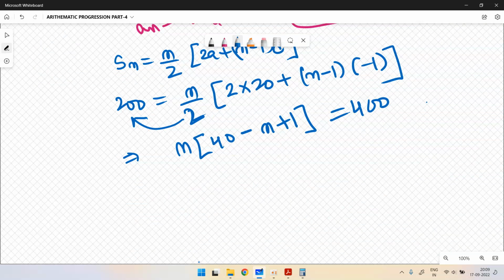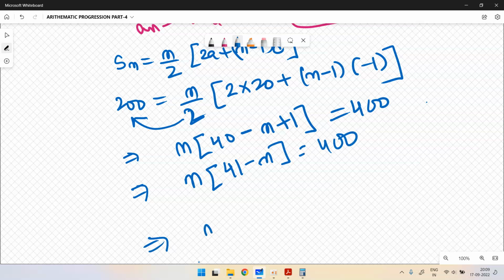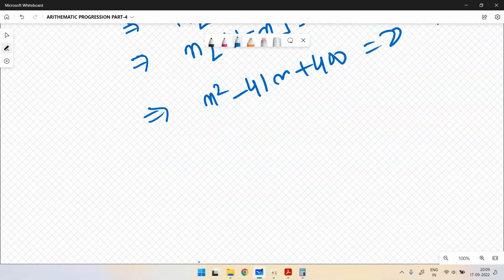Now from here, n into 41 minus n equals 400, which implies that if you simplify and take this to the right side, n square minus 41 n plus 400 equals 0.